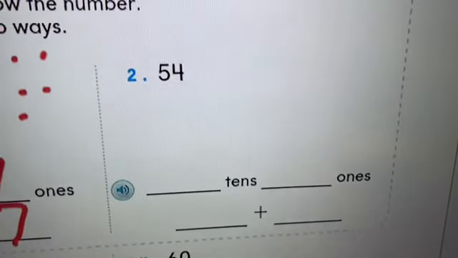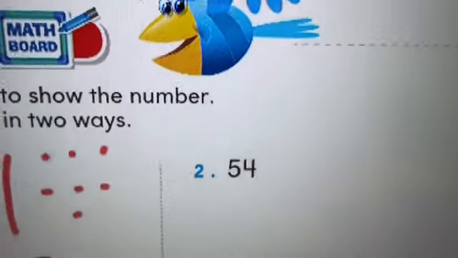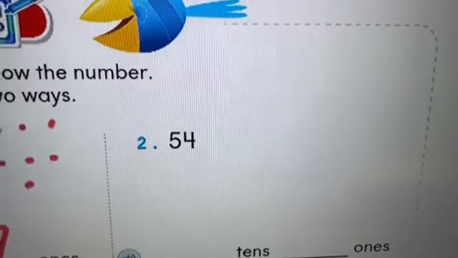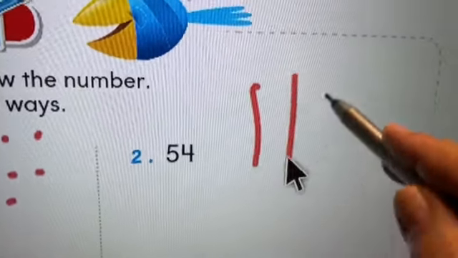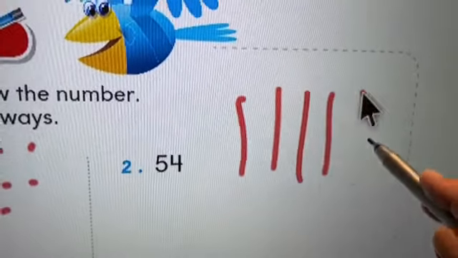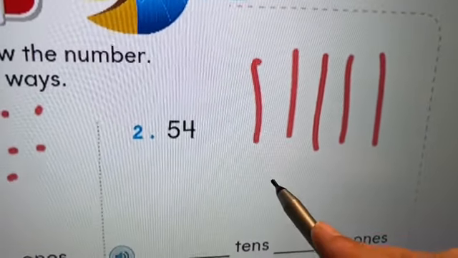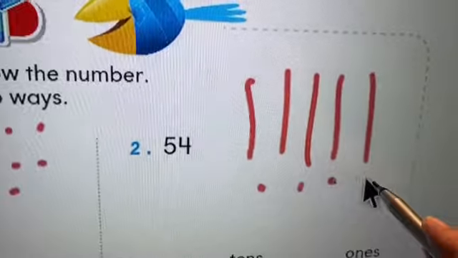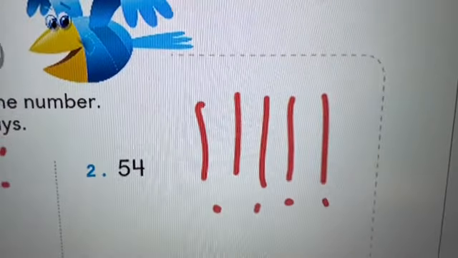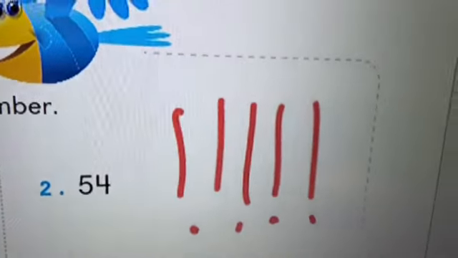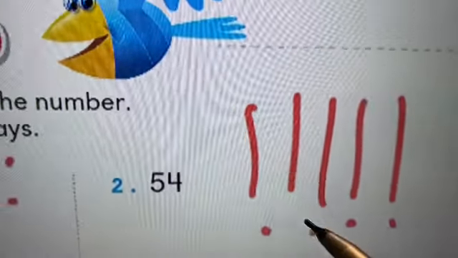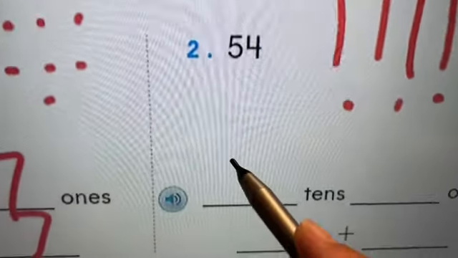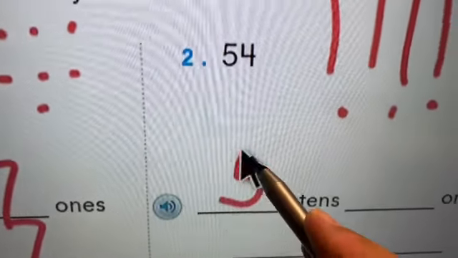Draw a quick picture. The number is 54. So in your mind, you have to be thinking I have 5 tens and 4 ones. 1, 2, 3, 4, 5 tens, and 1, 2, 3, 4 ones. 5 tens and 4 ones. Okay, so how many of these sticks did I make to represent 50? 5, so I used 5 ten sticks.